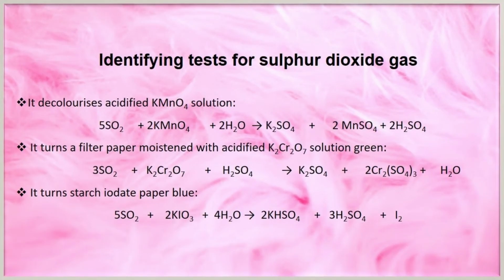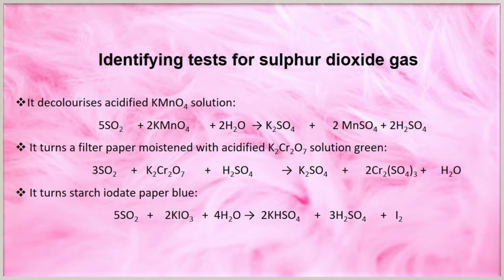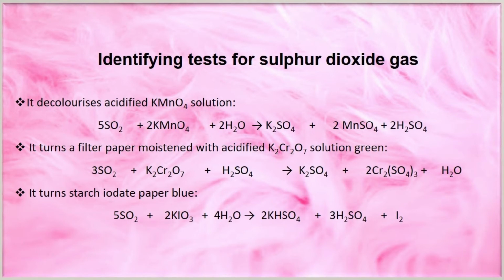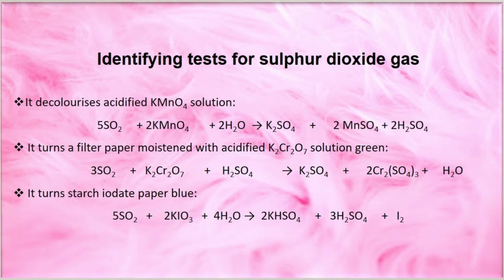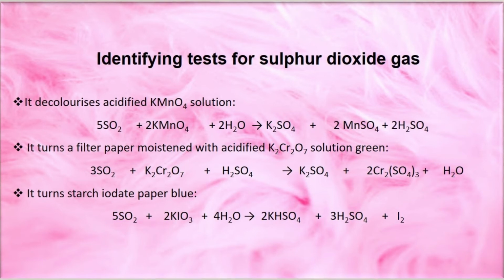How do we test for the presence of sulfur dioxide gas? This is important for your practicals viva. Well, it's easy. We can perform some simple steps to identify this gas. Sulfur dioxide will decolorize the acidified potassium permanganate solution. We know potassium permanganate solution is a purple color solution.